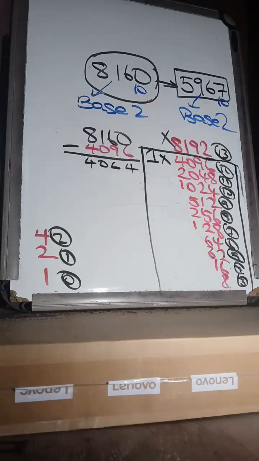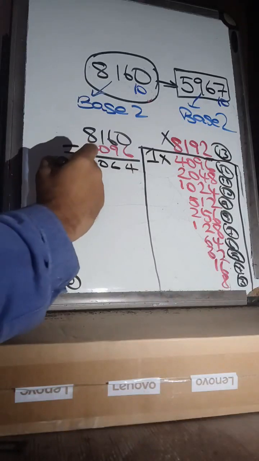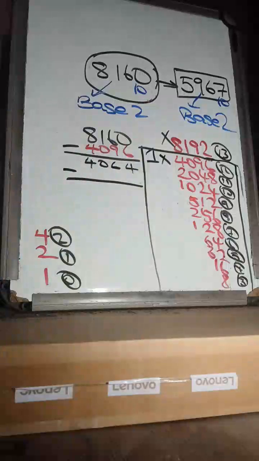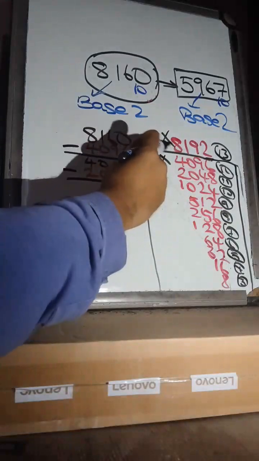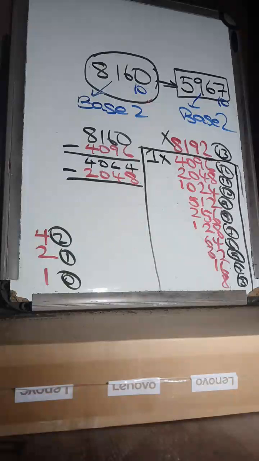Now, do we need 2048? Well, it's the largest thing after that. So yeah, we can use it. Alright, we can use the 2048. So the difference with this now is that you don't have to worry. The only possibilities you can get with base 2 are 0 and 1.